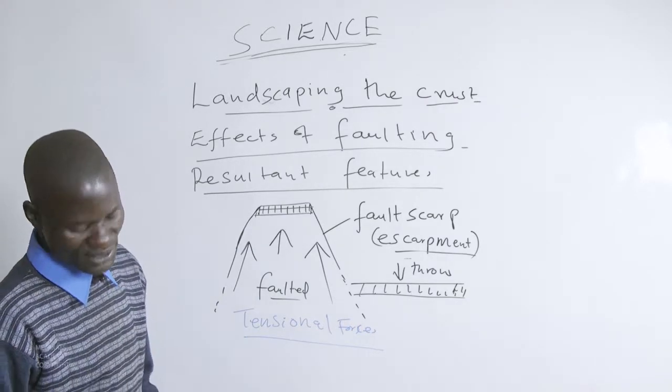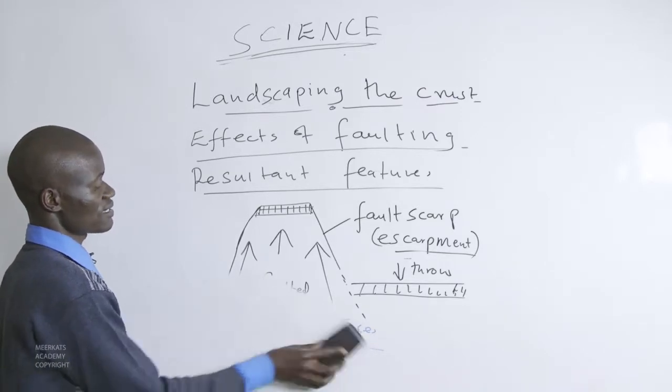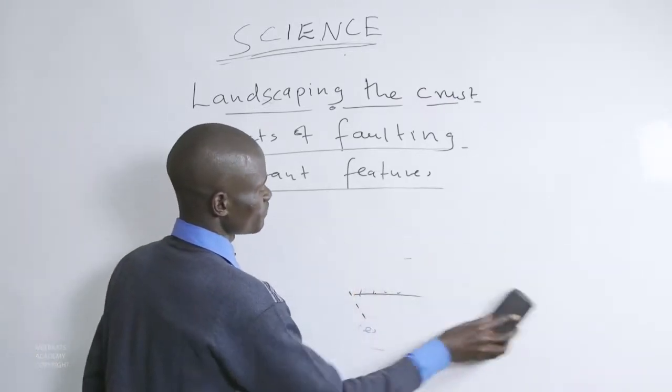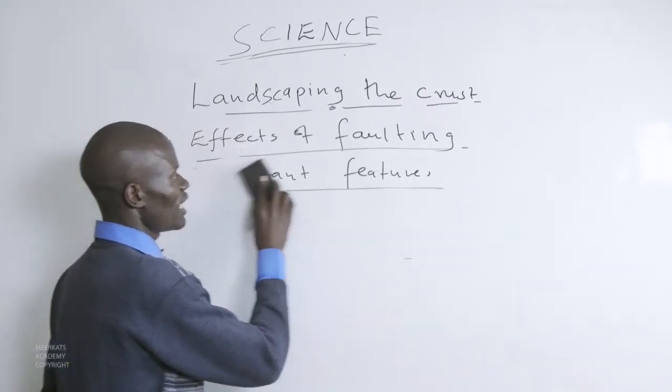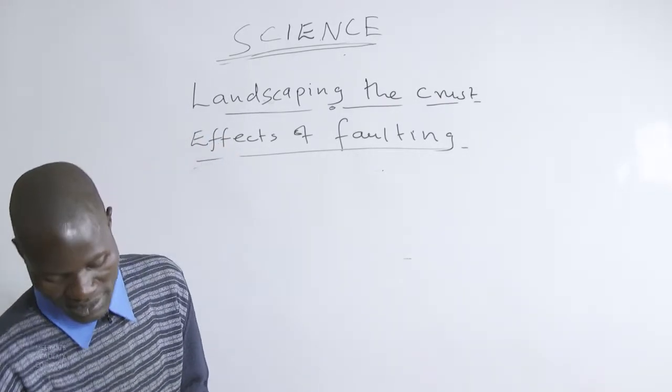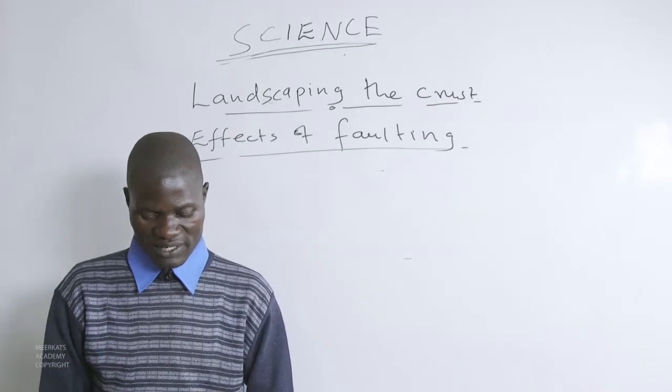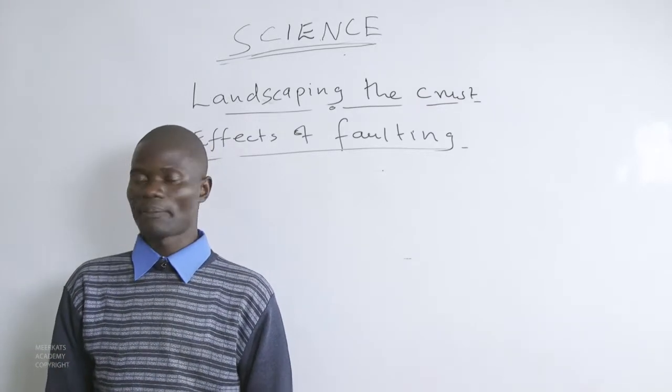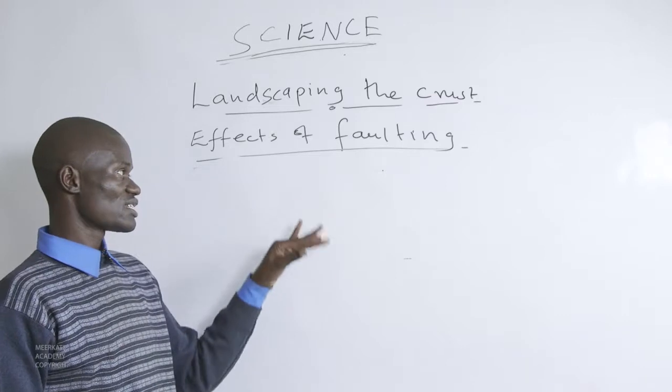Therefore, when a series of parallel lines are formed, especially on the earth crust, you will find the formation of various regions of parallel parts of the landscape.